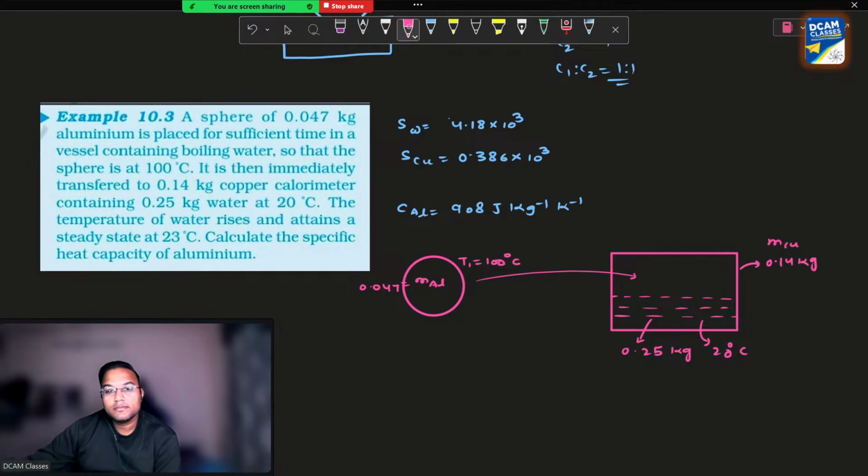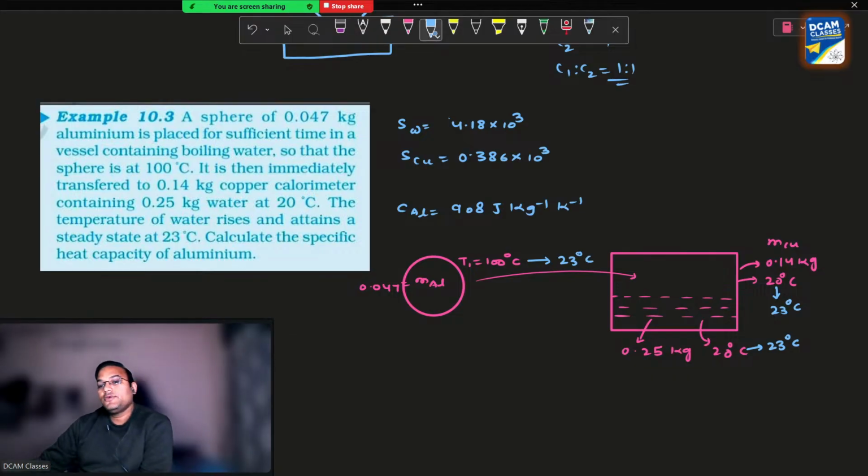Specific heat of copper is not given, no? Water was at 20 degrees Celsius, means the copper would also be 20 degrees Celsius. So the copper has been raised from 20 to 23 degrees Celsius. Water also raised from 20 to 23, and the aluminium has decreased from 100 to 23 degrees Celsius.